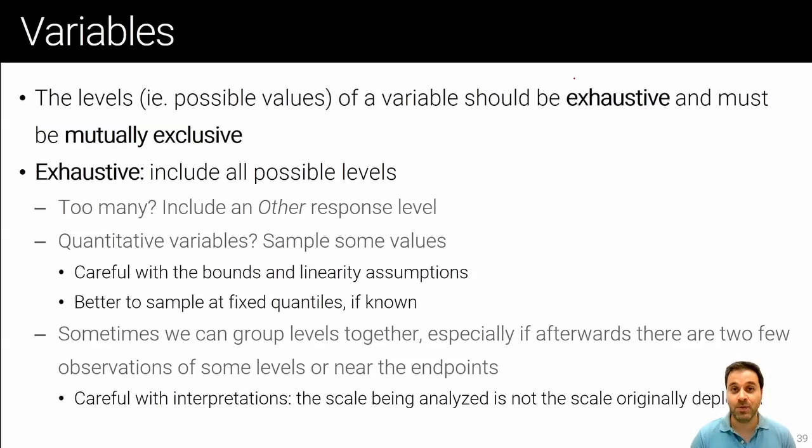Sometimes what we can do is just group levels altogether. If, especially after, for example, running a survey, we see that we have very few observations in which people told us 1 and 2, then maybe for analysis, it's better if we just say 1 and 2, one of the two. We need to be careful with interpretations here, because what we are analyzing is not really what we were asking for.